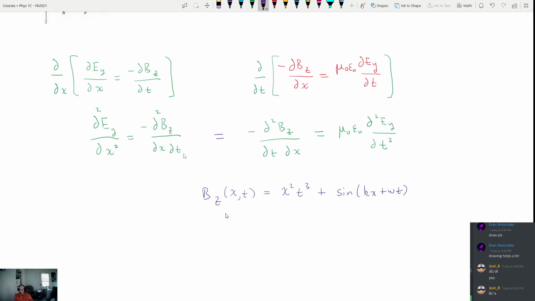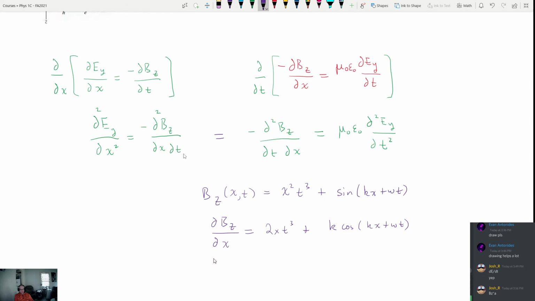So if I take del Bz del x first, what do I get? The derivative with respect to x is going to be 2x t cubed plus k times the cosine of kx plus omega t, right?